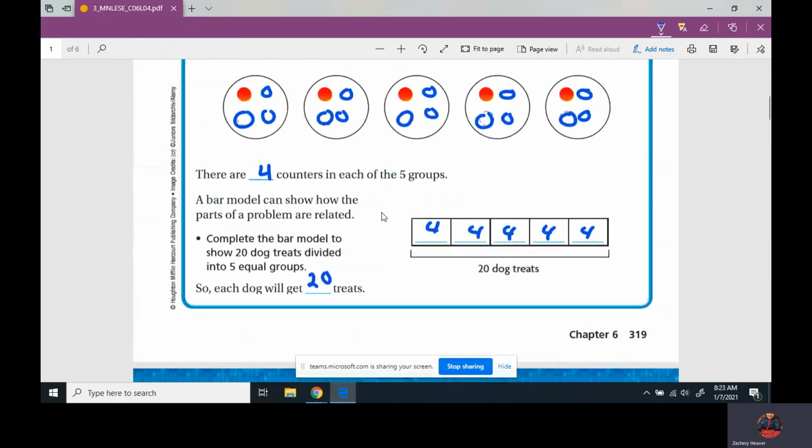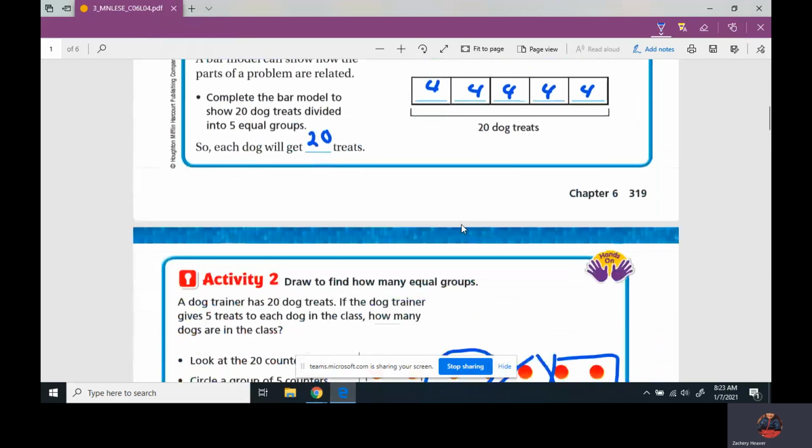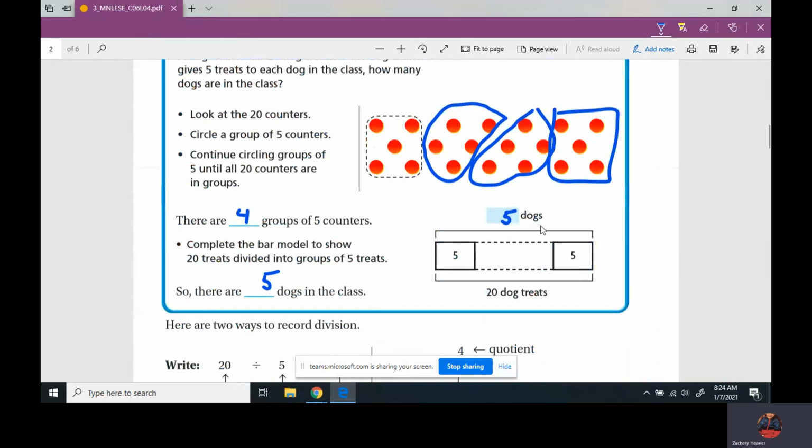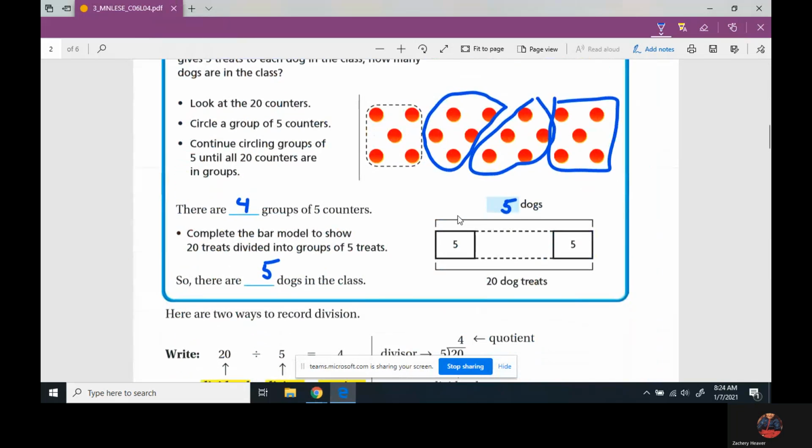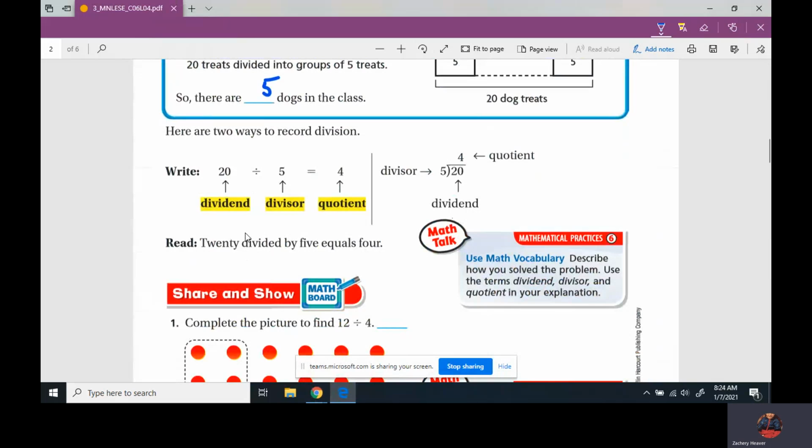So this is what we did the day before, and this is what we learned how to do yesterday. Draw the counters and circle the groups to make the equal groups. The dividend is always first. Okay, there's 2 ways to write a division problem. The dividend is the number that we're putting an end to, END.